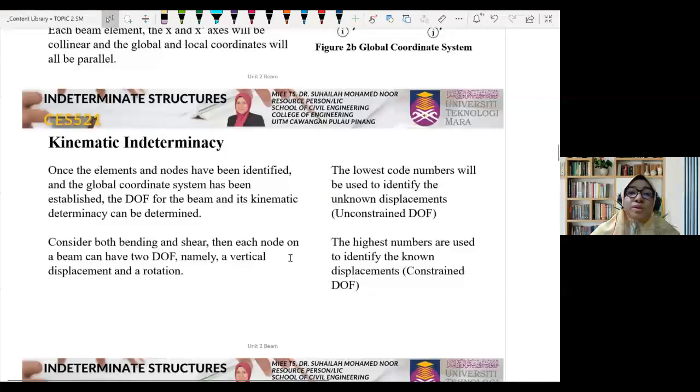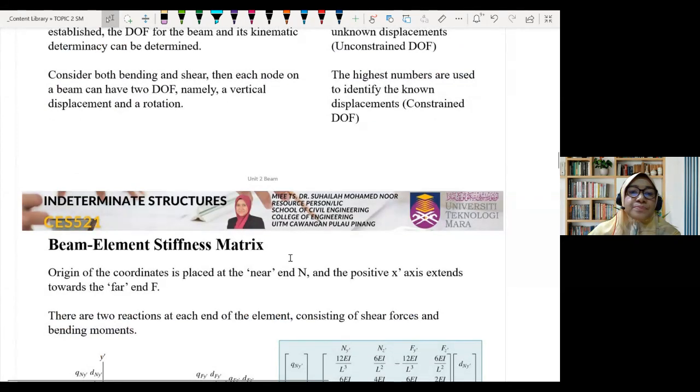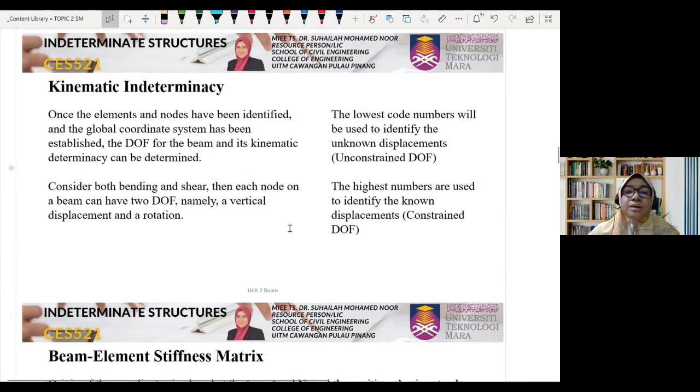Before we move to the example, let's understand kinematic indeterminacy first. Once the elements and nodes have been identified and the global coordinate system has been established, the degrees of freedom for the beam and its kinematic determinacy can be determined.